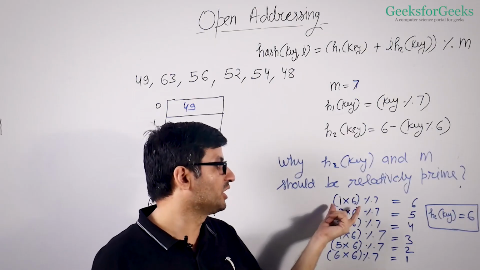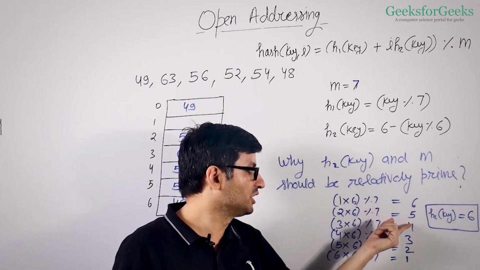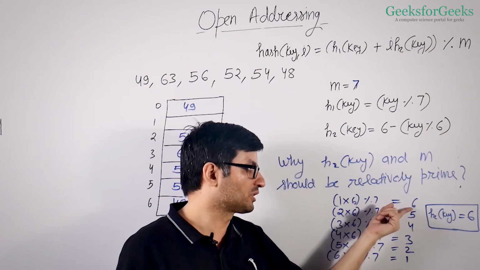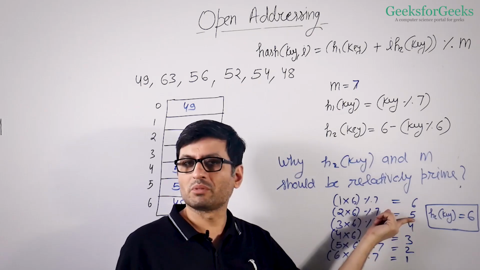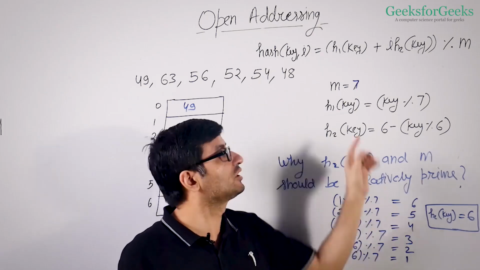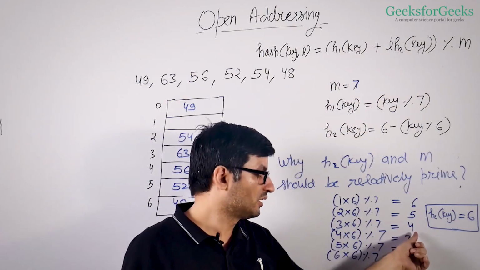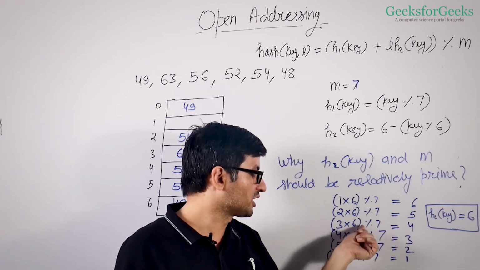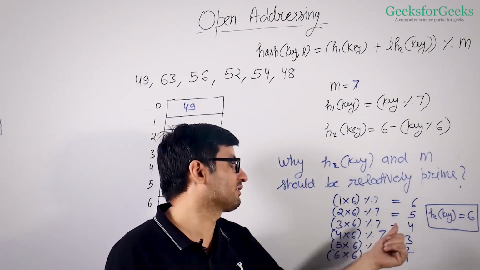So when you see the collision the first time, it will tell you to shift by 6. If you see the second collision, this position is also occupied, it will tell you to go to slot number or shift by 5. Shift this H1 key by 5. The next time, 3 into 6 modulo 7 is 18 modulo 7, which is having value 4.